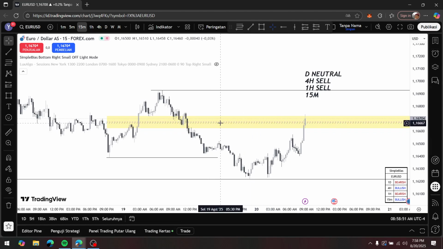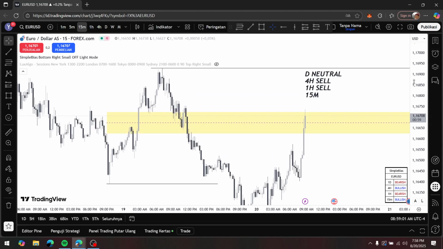Yeah, the prices now is going to fair value gap. We have order block in here. I want to sell it now, but I am a confirmation trader in the lower time frame.